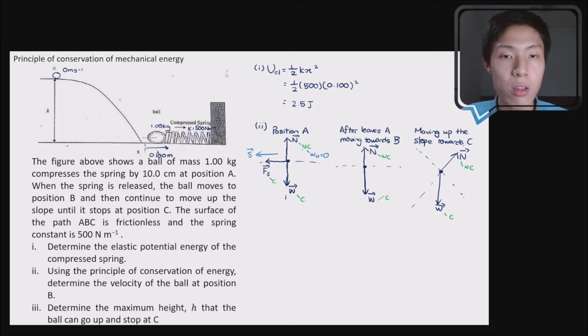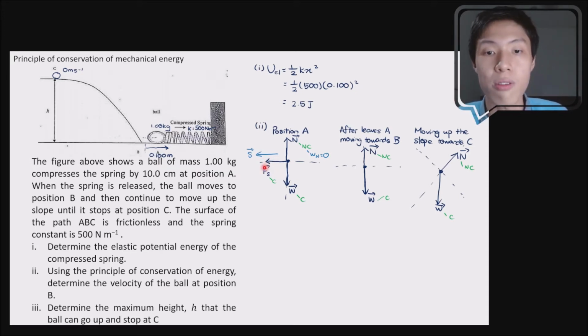Since the non-conservative force is doing no work, the force that will be doing work is the restoring force of a spring only. The work done by gravity here will still be 0. The only force that is doing work is the restoring force of a spring. Restoring force of a spring is a conservative force.